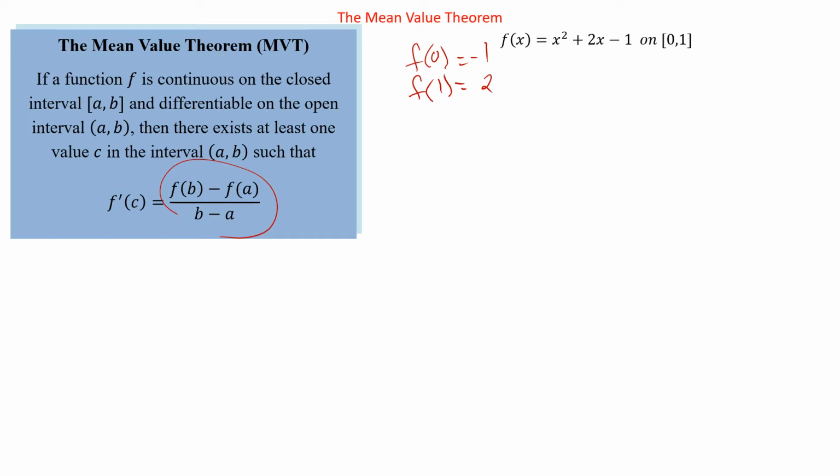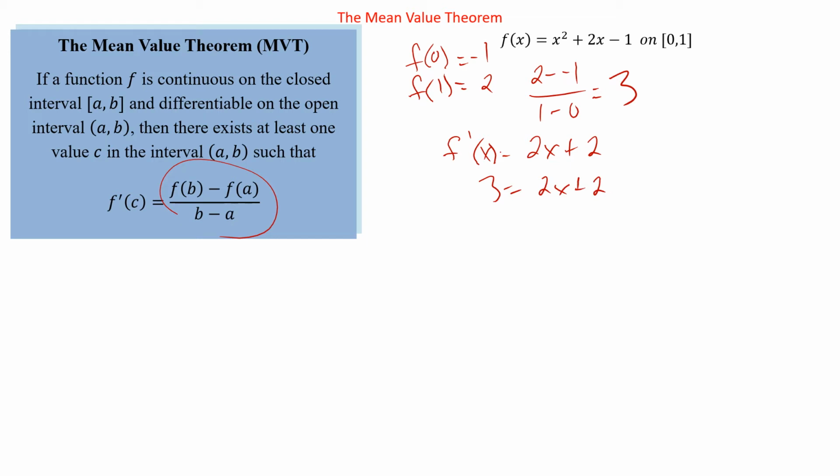So that's going to be 2 minus -1 over 1 minus 0. So 2 minus -1 is 3 over 1. So that slope is 3. So this f of b minus f of a over b minus a equals 3. So that means somewhere the derivative will equal 3. So we're going to find the derivative. f prime of x is 2x plus 2. And we just need that to equal 3 somewhere.